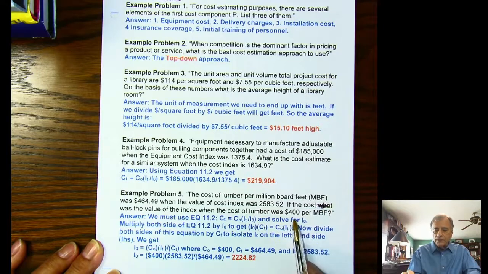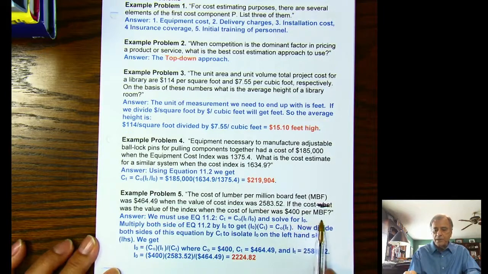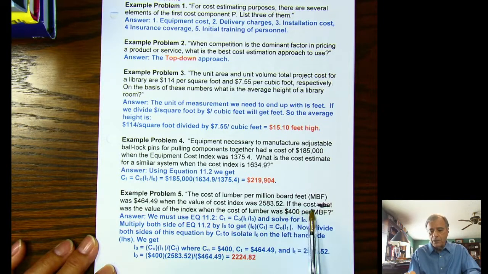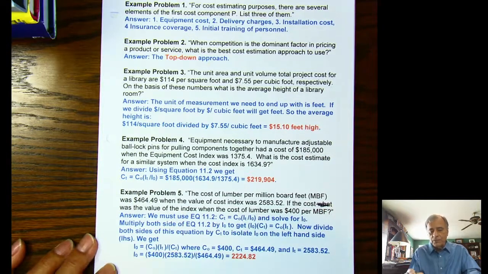So the lumber costs $400 per MBF. We must use this equation, C sub t, equation 11.2, and then solve it for the index. So we're solving for the value of the index when the cost was $400 per million board feet.